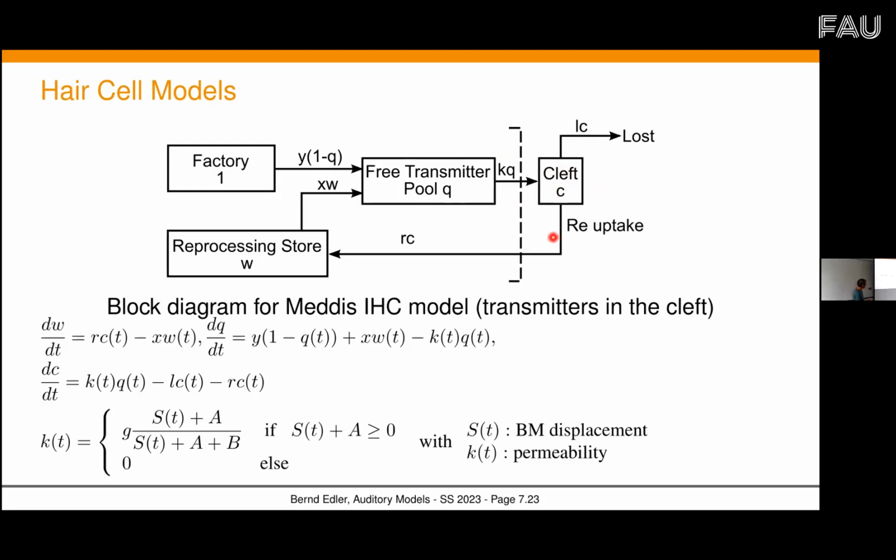And then in the cleft, C is more or less representing the number of neurotransmitters in the cleft.